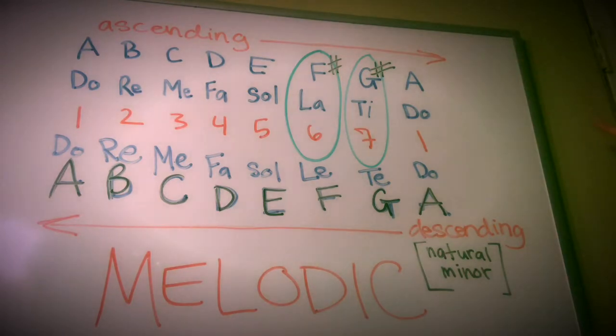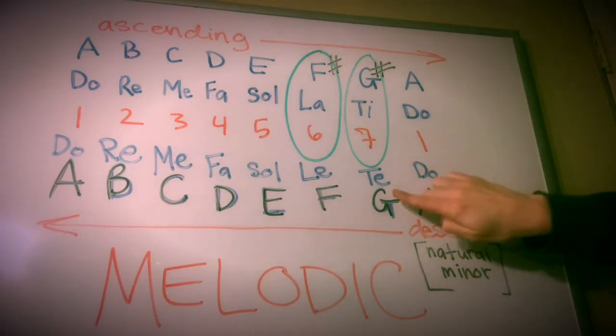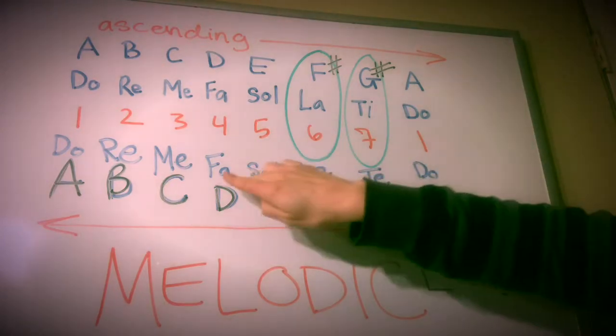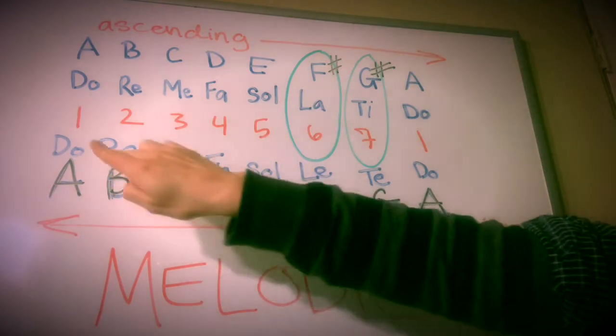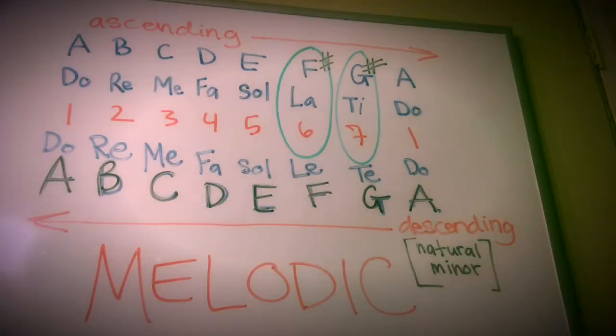But it returns those pitches to the natural minor on its way down, descending, so that you have do, te, le, sol, fa, me, re, do, descending as a natural minor scale. The melodic minor scale has all of this going on. Do, re, mi, fa, sol, la, ti, do, te, le, sol, fa, mi, re, do.